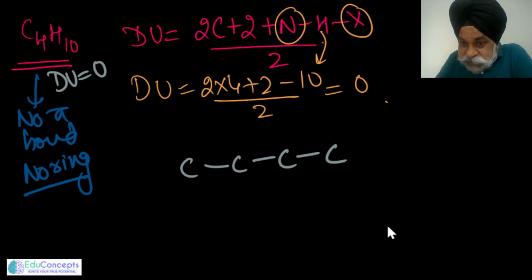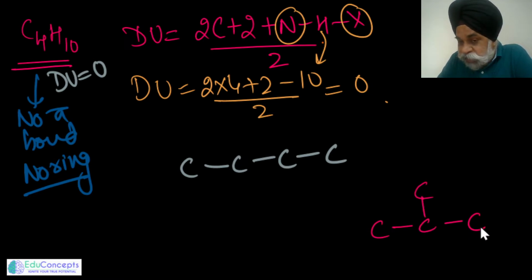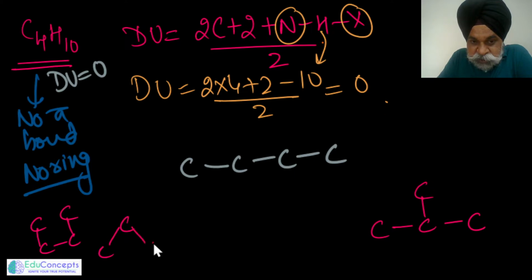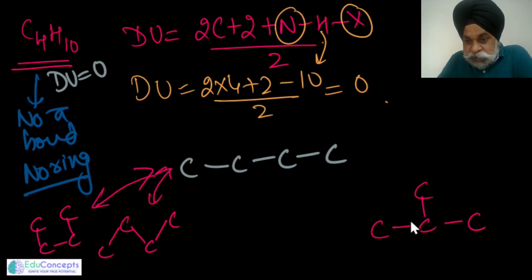Now someone else out of you can draw the single bonds like this also. Fair enough, nothing wrong in it. At times people draw it like this. So I will say these 3 are the same, but this one is distinct.